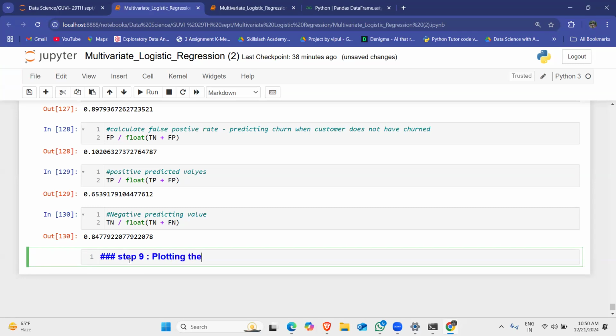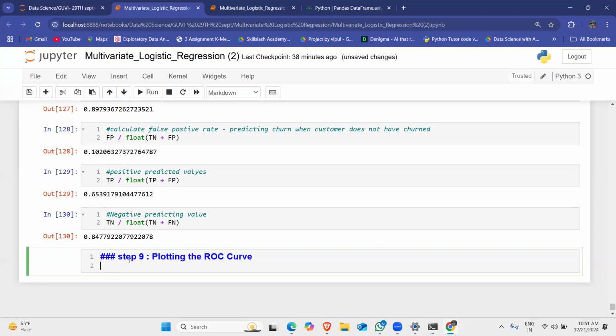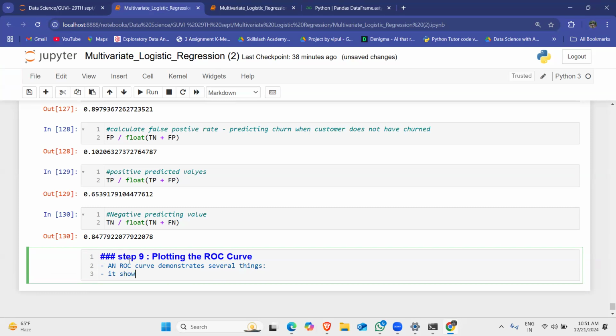Heading is plotting the ROC curve, and an ROC curve demonstrates several things. It shows the trade-off between sensitivity and specificity.